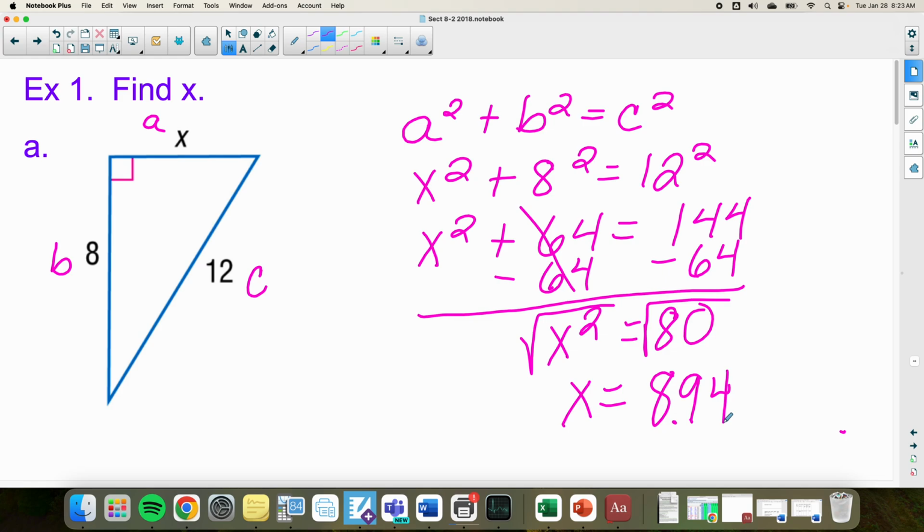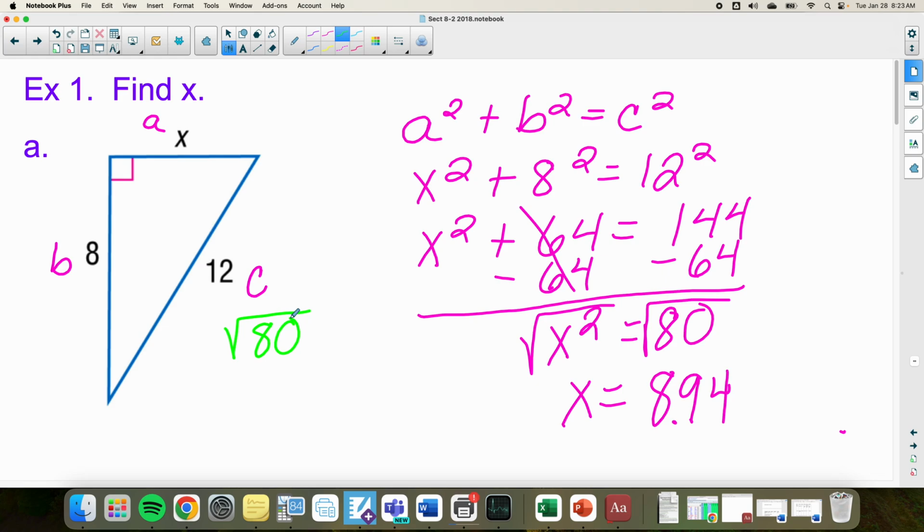I do want to show you something else. This is something that you're going to learn more next year in Advanced Algebra 2, but it's possible you did this last year in algebra also. Did you guys talk at all about how, if you have the square root of something and they don't want you to just take the square root on your calculator, you can look if there's a perfect square that goes into 80?